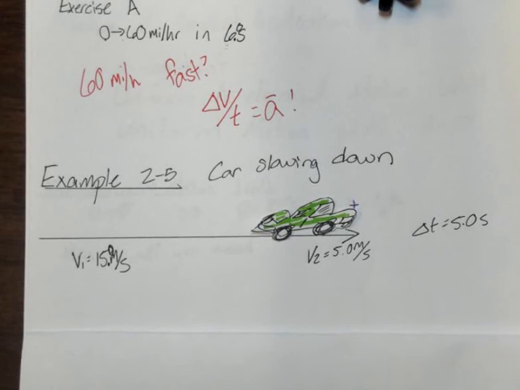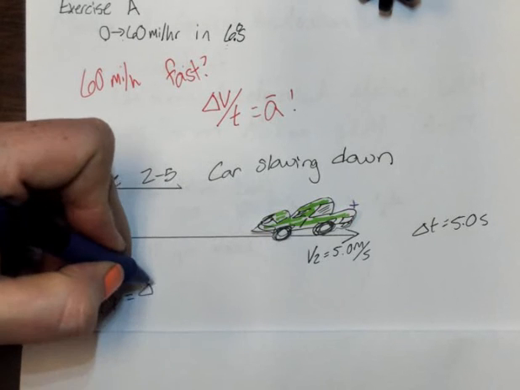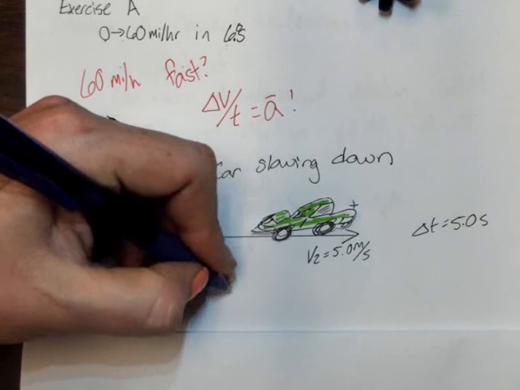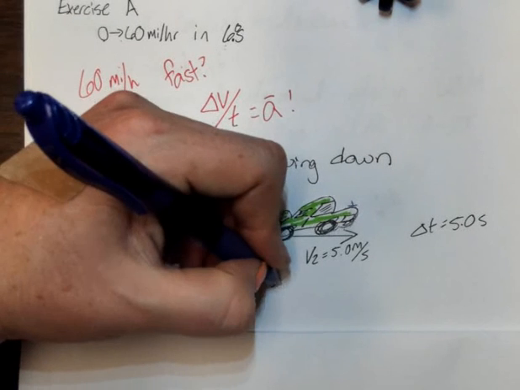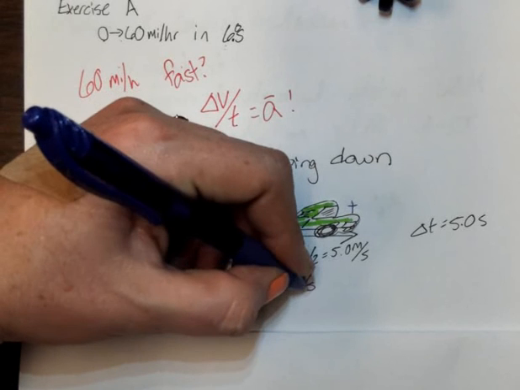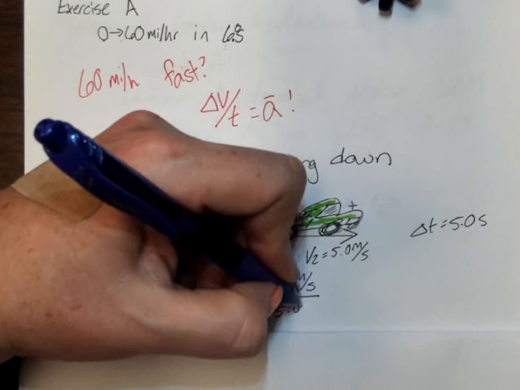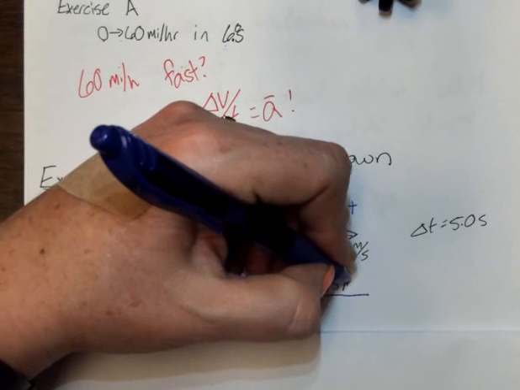So let's calculate the average acceleration. Average acceleration is change in velocity over time. So we're looking at v2 minus v1 over the elapsed time. It's going to be 5.0 meters per second minus 15 meters per second, divided by 5.0 seconds.